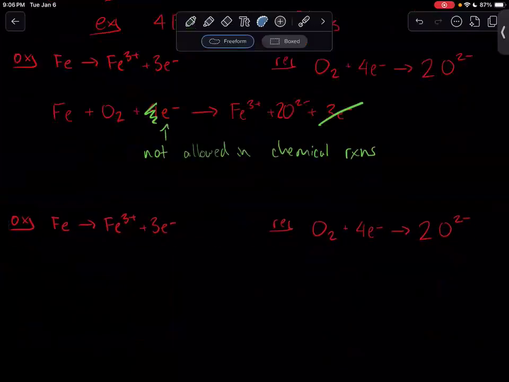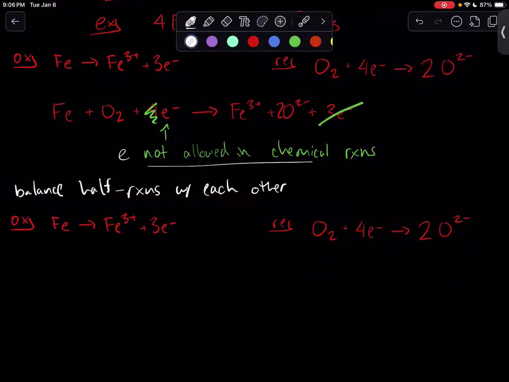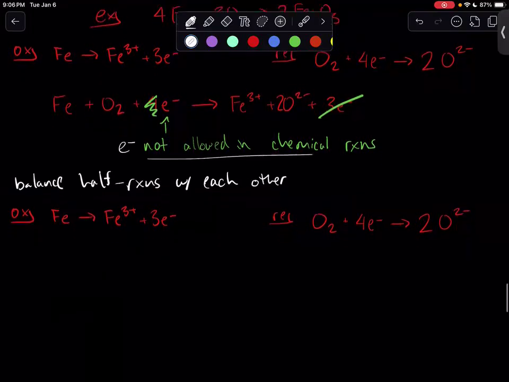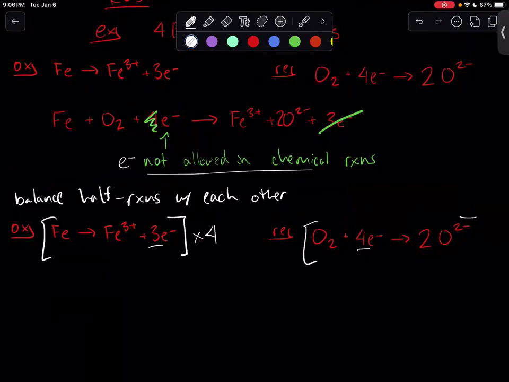So we'll do take two. We will balance half reactions with each other, and the main focus is our electrons. We want to get those electrons out. So to balance 3 electrons with 4 electrons, I will multiply this whole thing by 4.